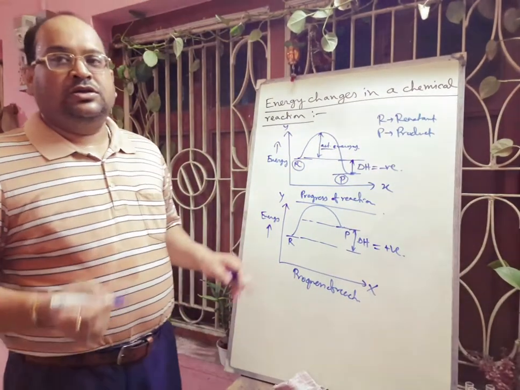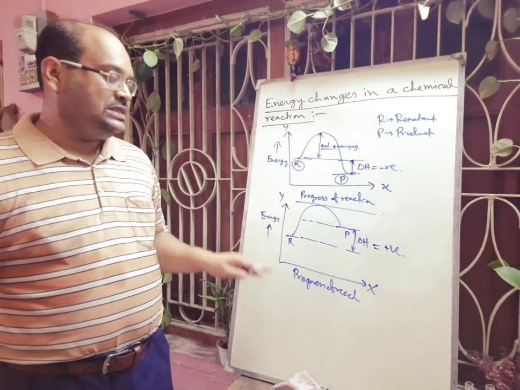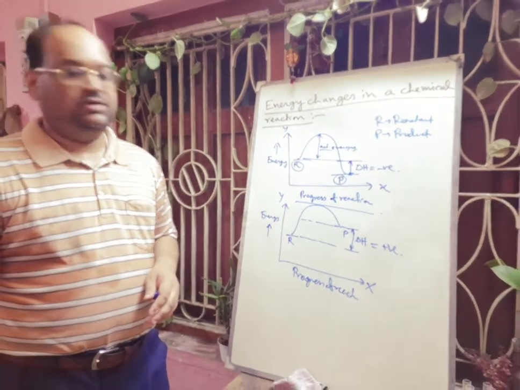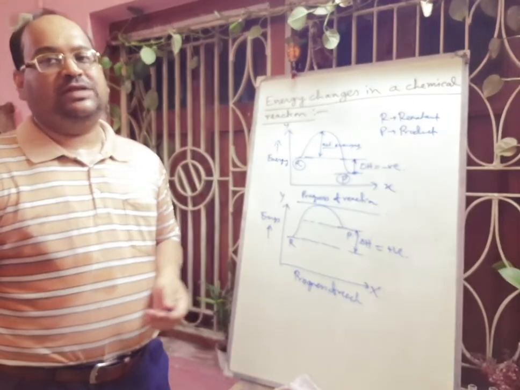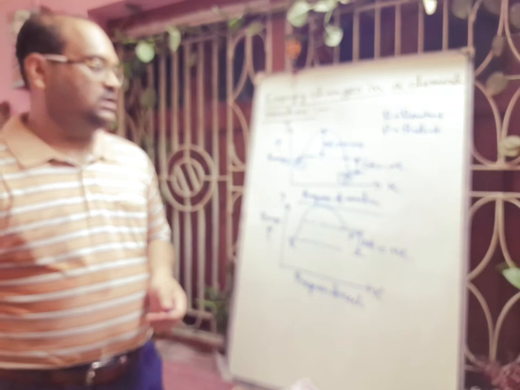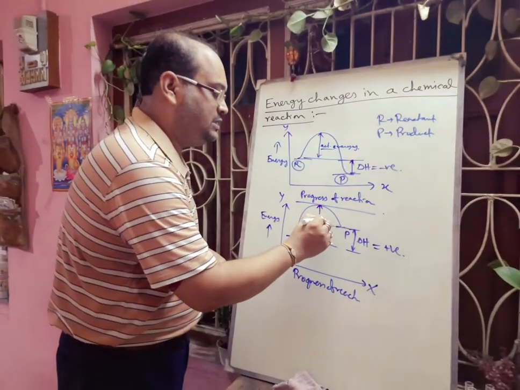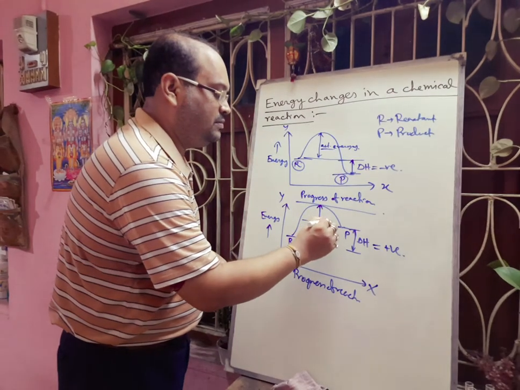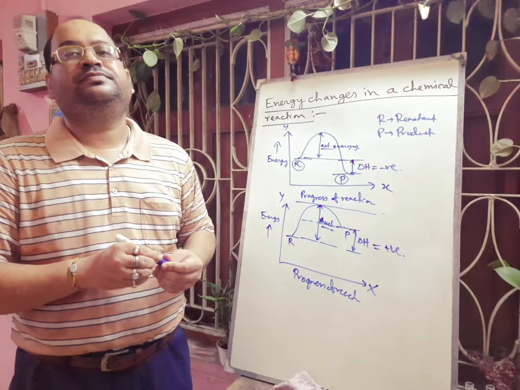So in this case the product energy is higher compared to the reactant, and that is why energy will be absorbed from the surroundings, and here this is the activation energy of this reaction. Hope you can understand.